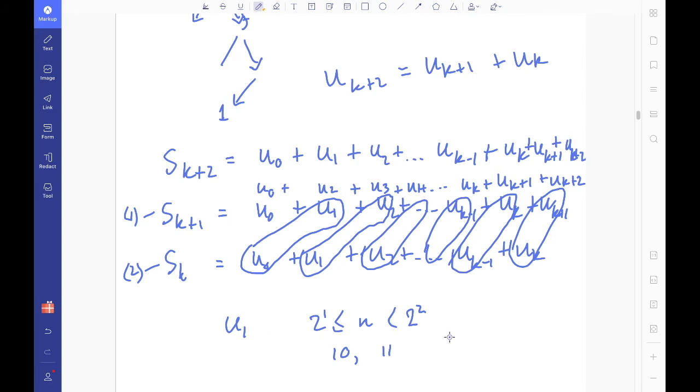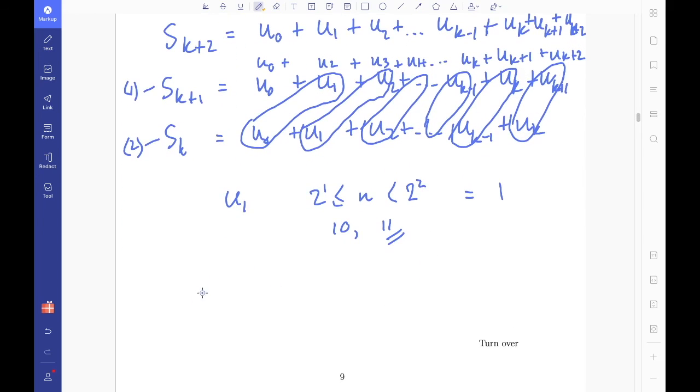So u1 is in fact equal to 1 because there is only one number in that range that gives an element in S. So we can say that sk plus 2 is equal to sk plus 1 plus sk plus u1, and that is equal to 1. So that gives the expression that you're looking for in this last part.